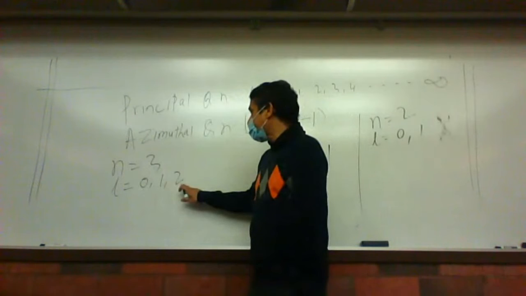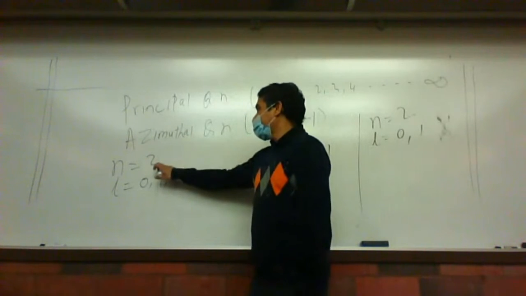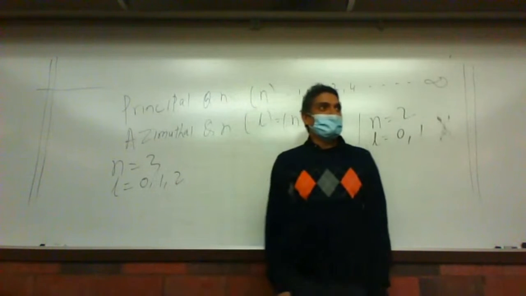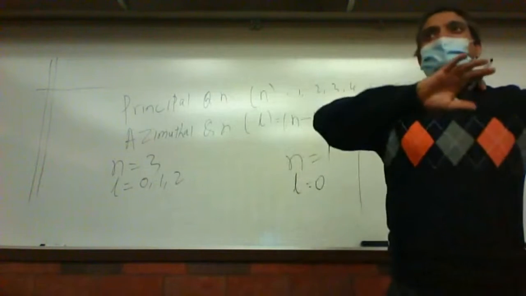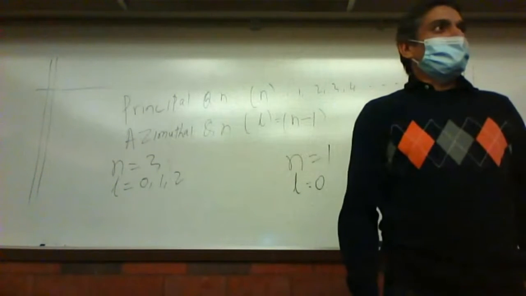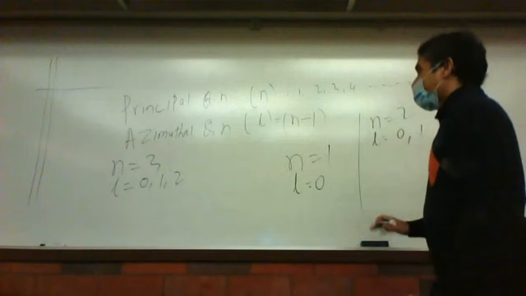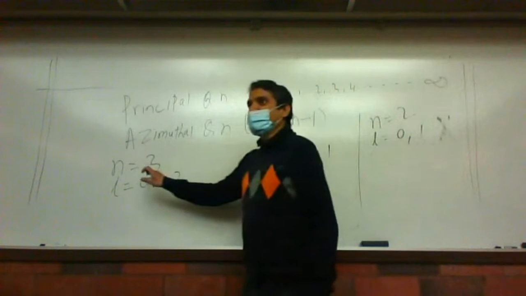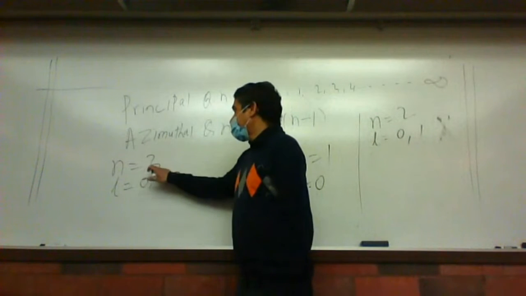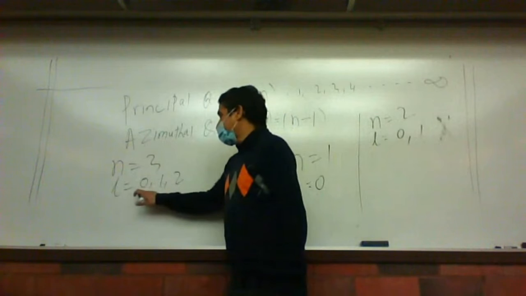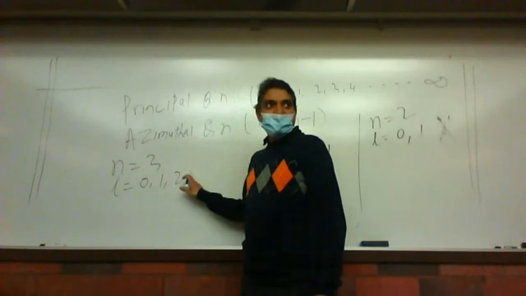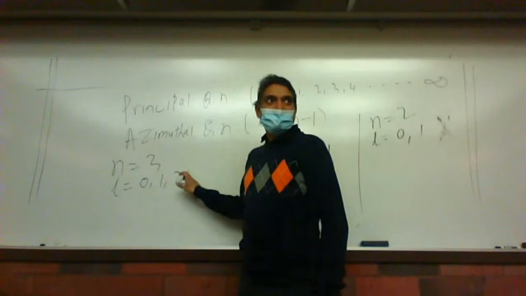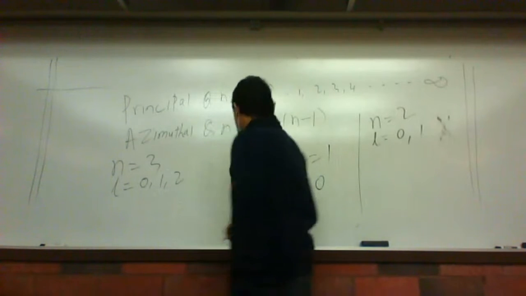The last value is 1 less than 3, which is 2. They write the same thing in different ways in these equations, but once you know this, you know everything. When n equals 3, l starts from 0 and does not reach 3: 0, 1, 2.